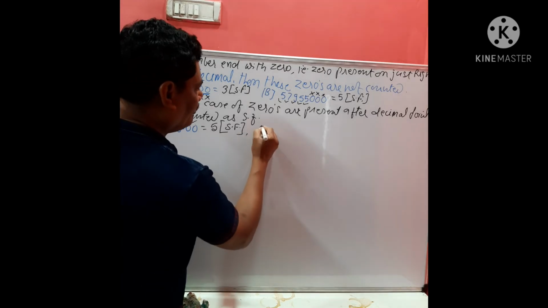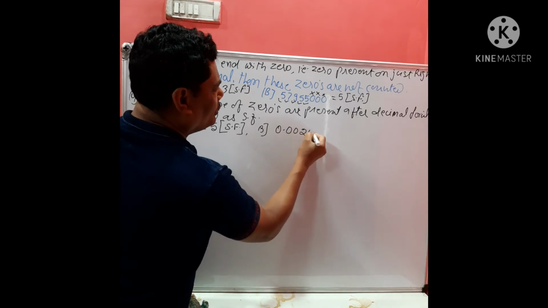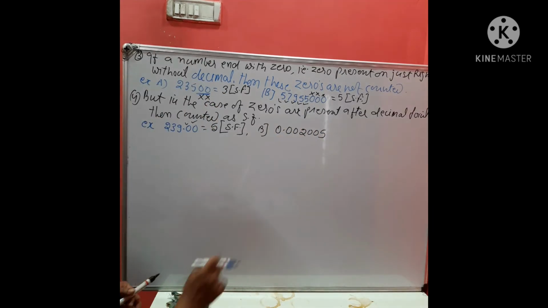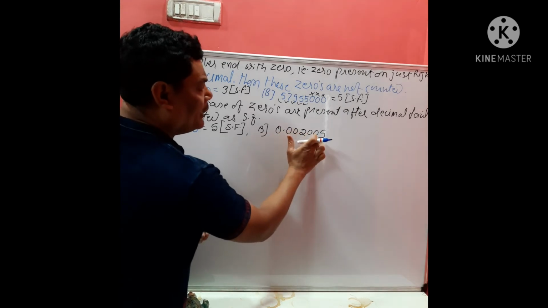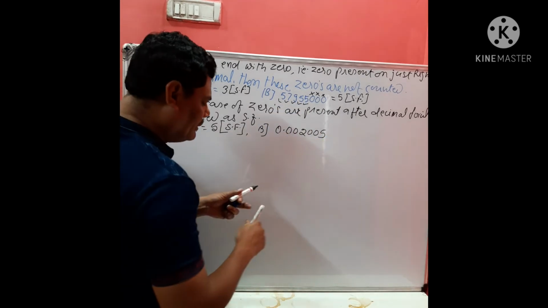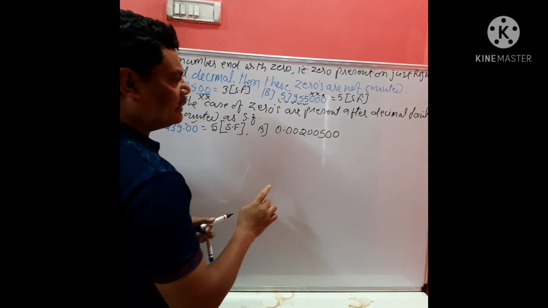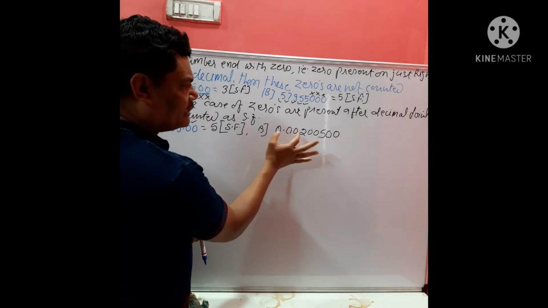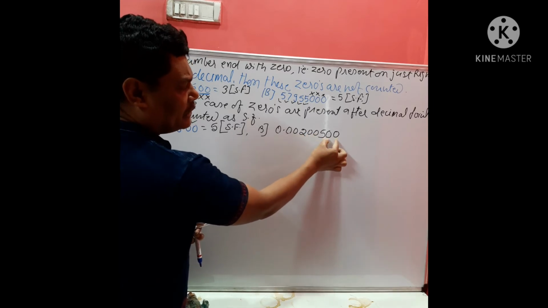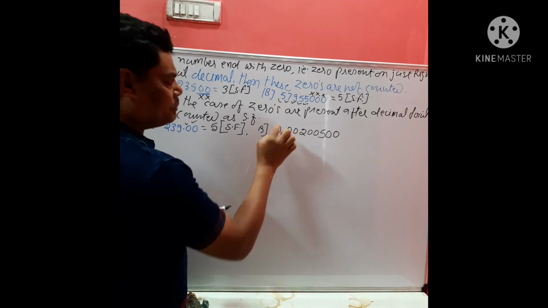Like example B, 0.002005. Now here there are 5 zeros. Some zeros are before the non-zero digits, some zeros are between non-zero digits, and the decimal is placed there.